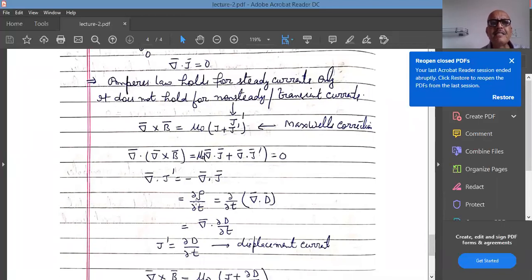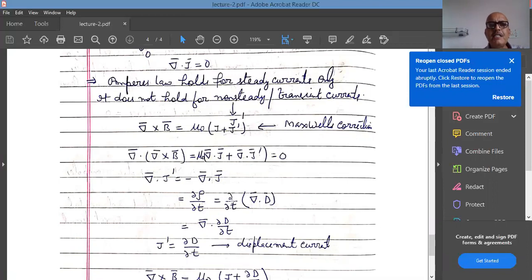If we put this here, del rho over del t is del over del t of divergence of D. So this becomes divergence of del D over del t, because divergence is a spatial derivative while del over del t is a time derivative, and they are independent of each other.